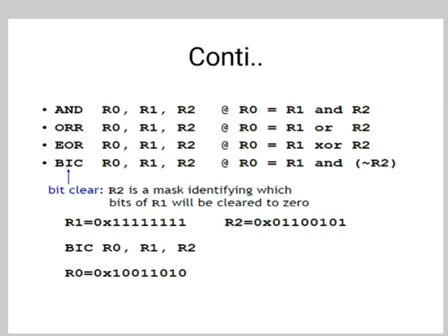So if R1 is given and R2 is also given and the BIC instruction is applied, then R0 is equal to, here, every 1 bit in the second operand clears the corresponding bit in the first.